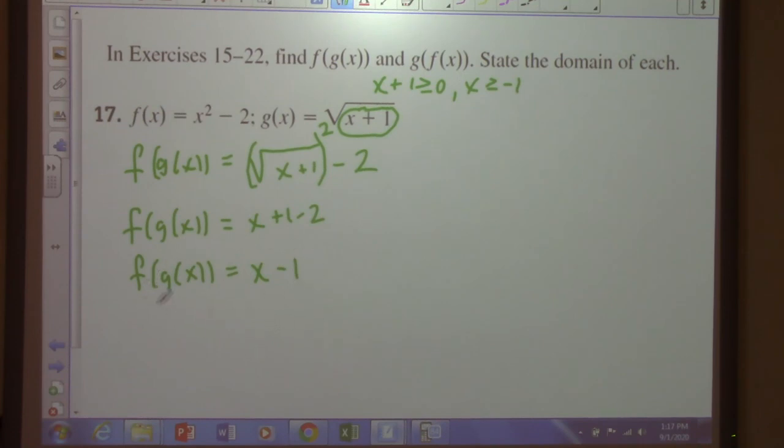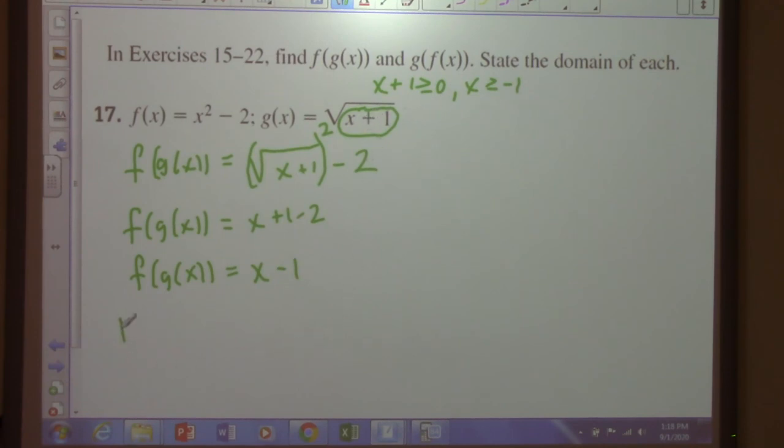Now, is there anything in this that tells you there's a domain restriction? No, there isn't. But we know there is one because of this thing right here. So we still inherit our original domain restriction.